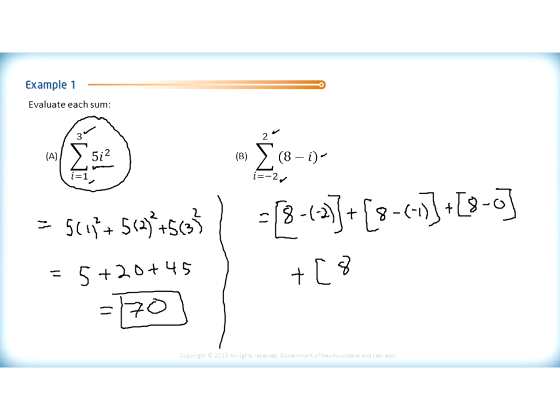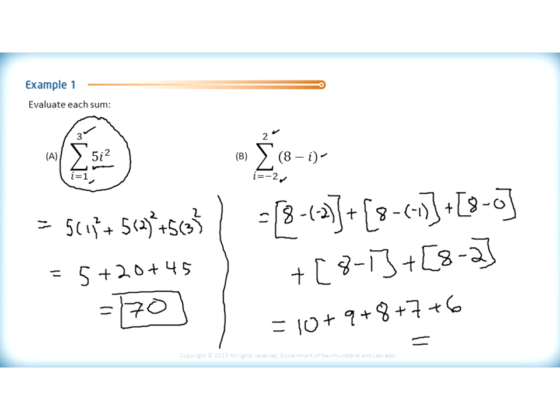We're going to have 8 minus 1. Plus the last one will be 8 minus 2. So we put all of our terms together and we've got 10 plus 9 plus 8 plus 7 plus 6. Okay, so let's see what this is going to give us then.